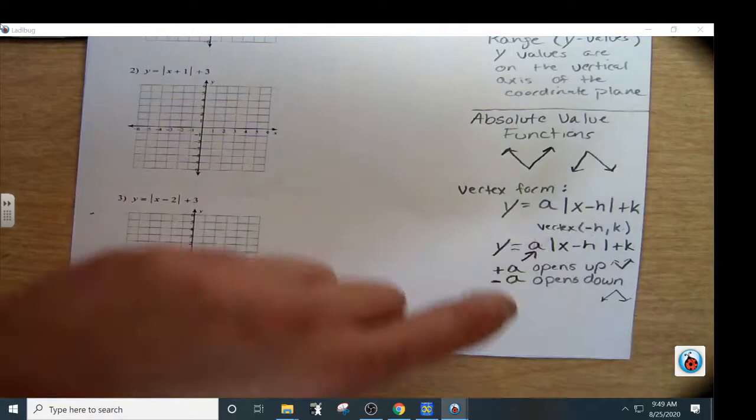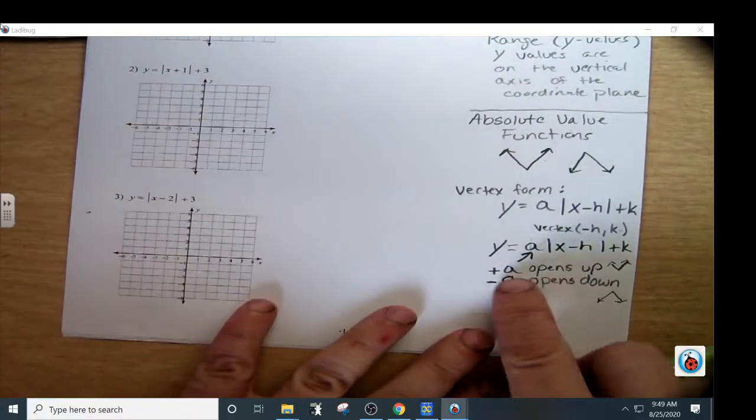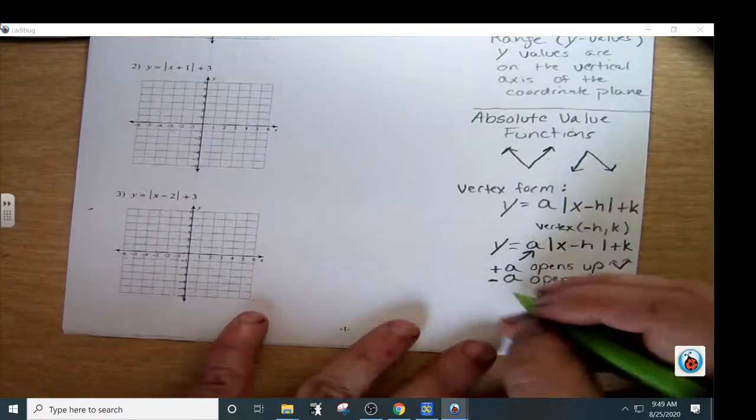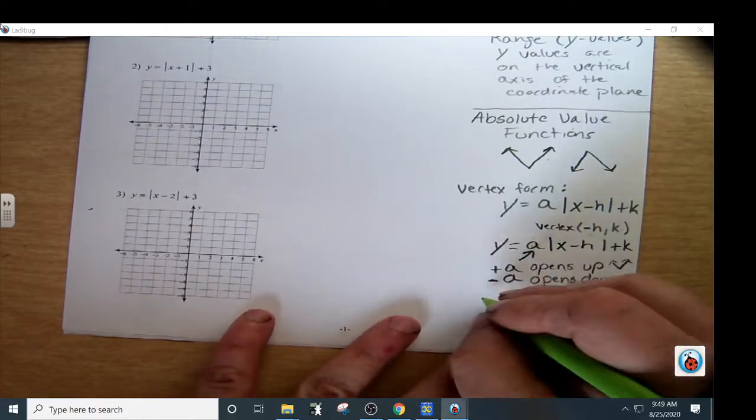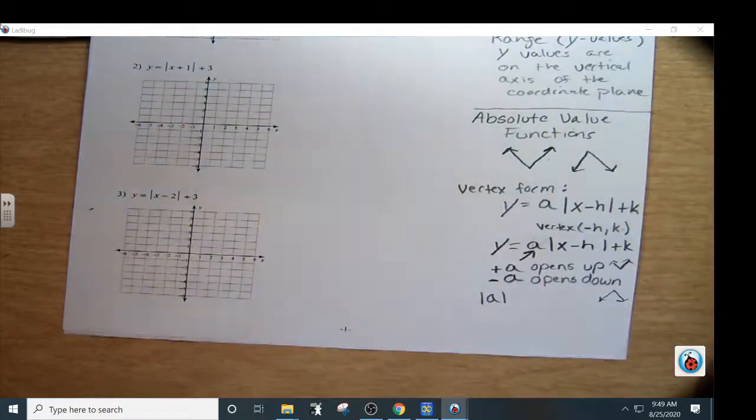Now, let's talk about this part. Well, I got a couple more things about the A. Okay? If the absolute value of A, guys, when we take the absolute value of a number, can it ever be negative? No, it can't be negative, right? Because that absolute value is the distance from 0.